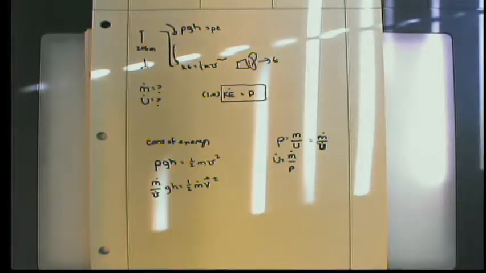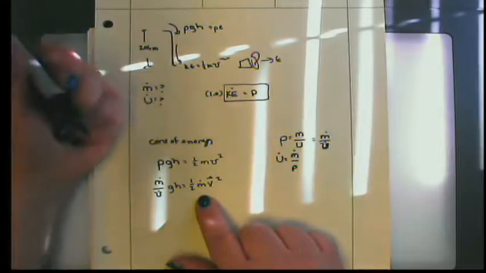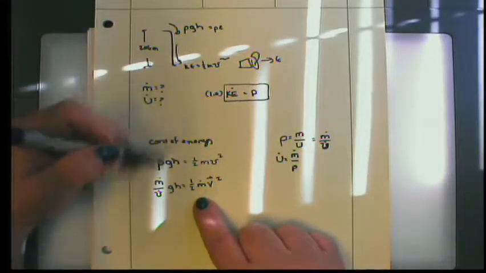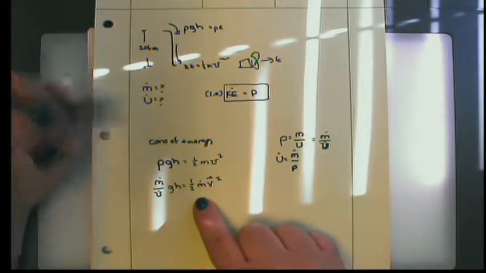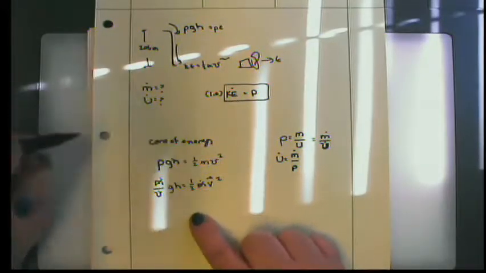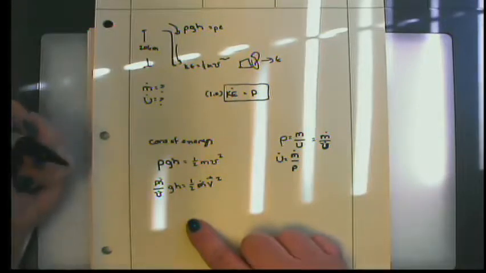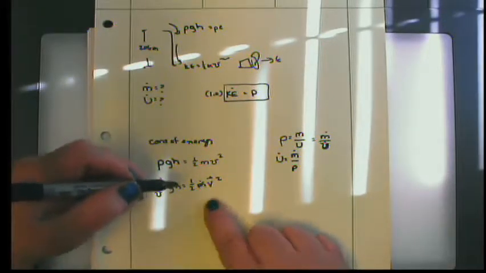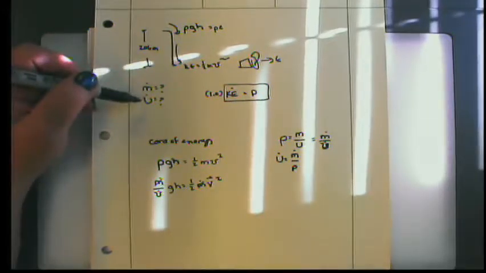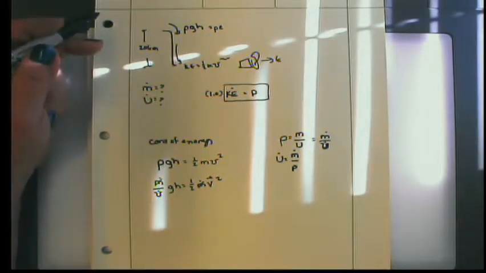Well, from our previous problem, we also determined KE dot. If we look at this equation, then we can basically say that the m dots will cancel out, which is still not all that useful to us, but we can start at this point. And if we wish, we want to find out what that m dot is, though it doesn't really matter, I guess.